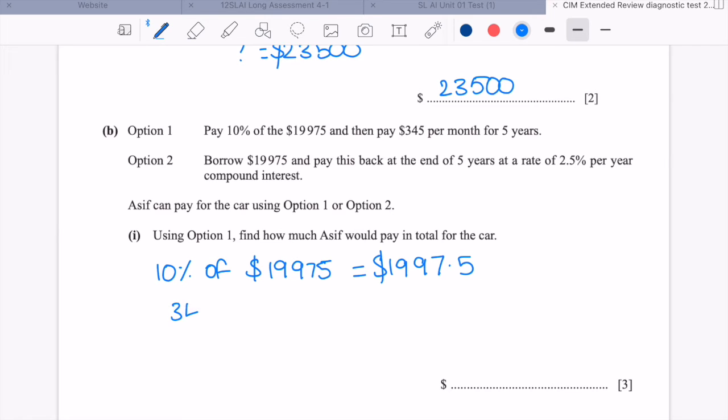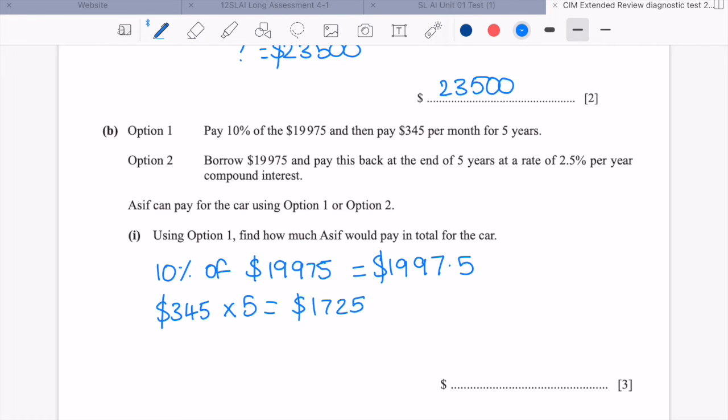So $345 every month for 5 years. And then I can add those two together. So 345 times 5 is going to give me 1,725.